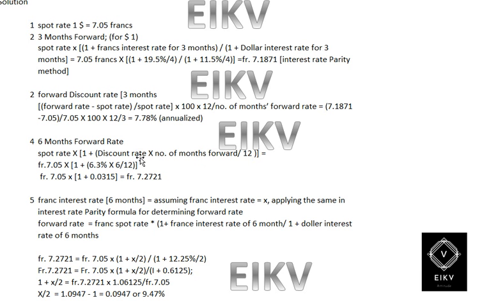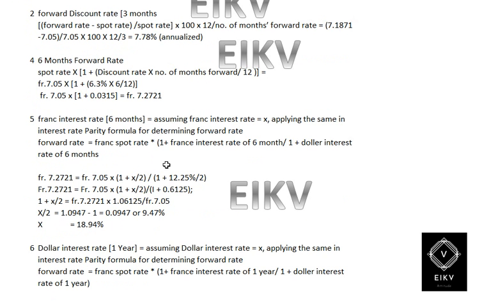So it would be 7.05 into 1 plus 6.03 into 6 by 12. So it would be 7.05 into 1 plus 0.00315, which gives you 7.2721.